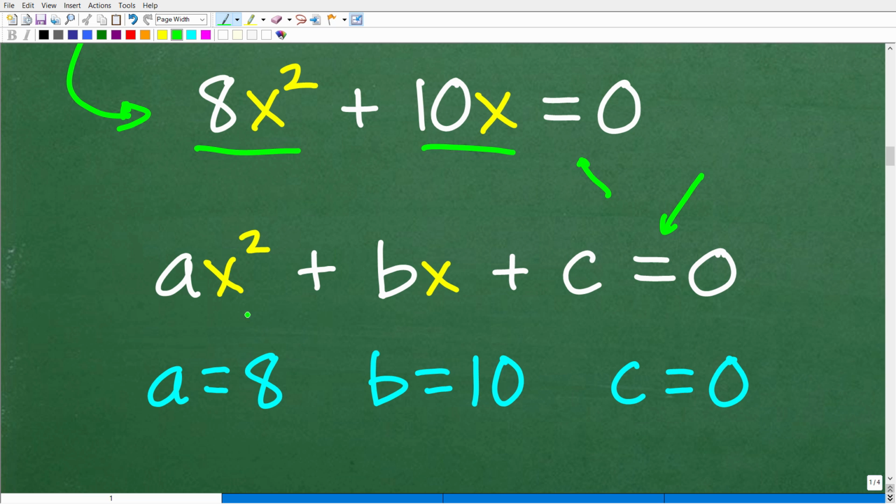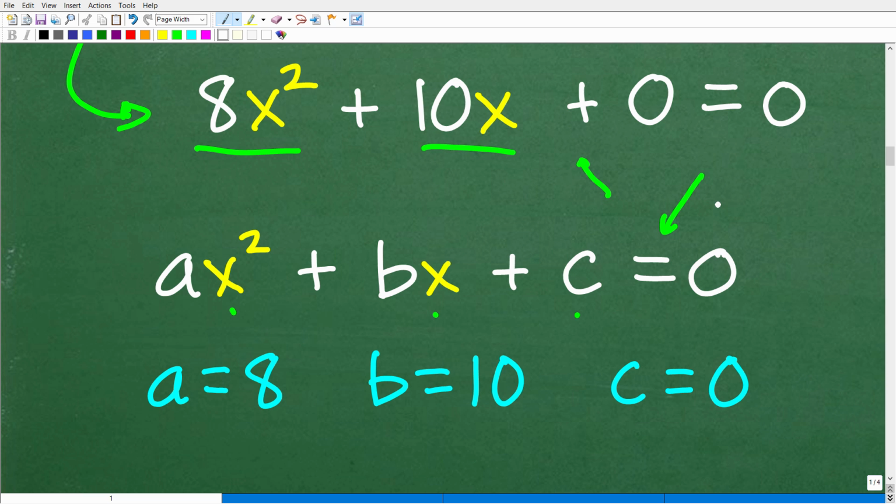But we want to write this from highest to lowest power. So we have our x squared first, then x, and then sometimes we have a number. But in this particular case, we don't have a number. We just have x squared and x term. So we'll have to put in a 0 as our number. In other words, this is really 8x squared plus 10x plus 0 is equal to 0.